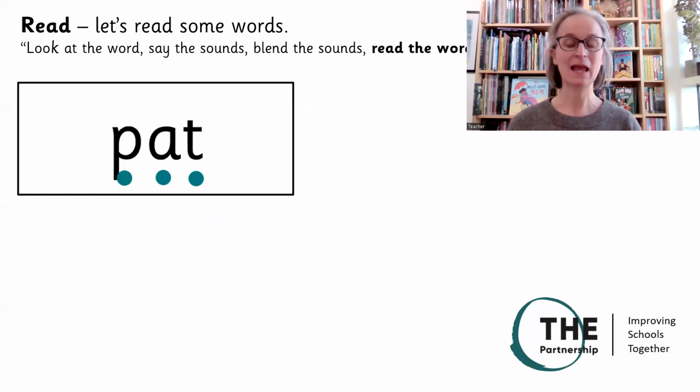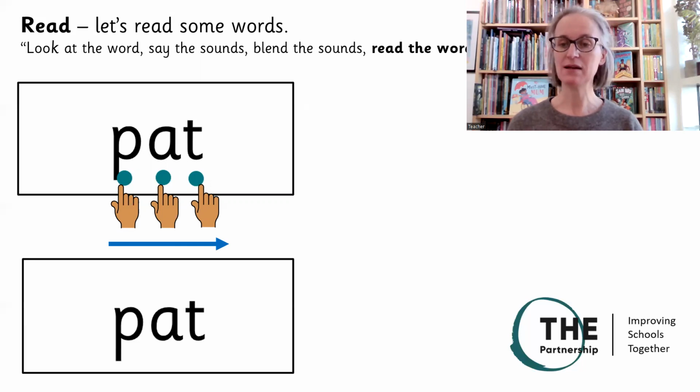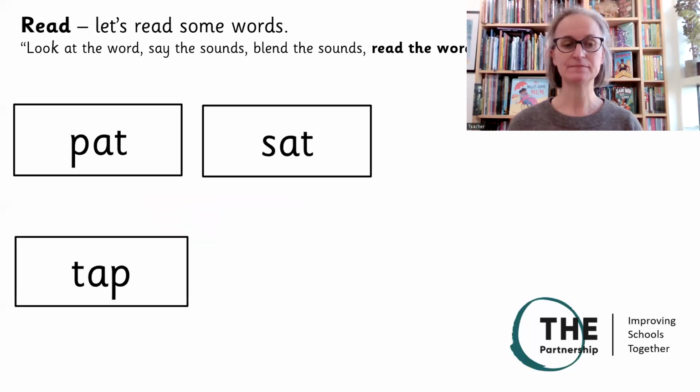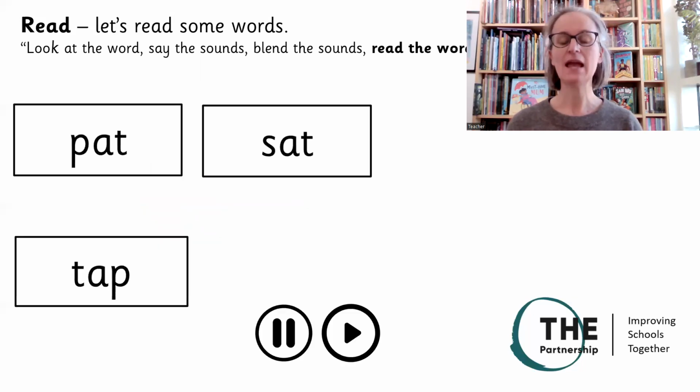Fantastic. Let's look at this word. Let's say the sounds. P, a, t. Pat. Read the word. Pat. Now pause the video and see if you can read these words by yourself.